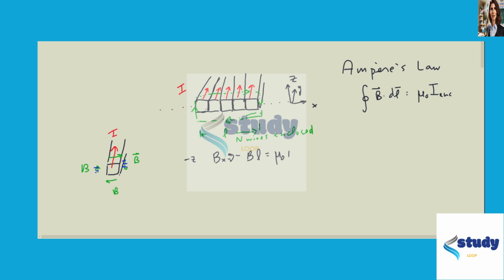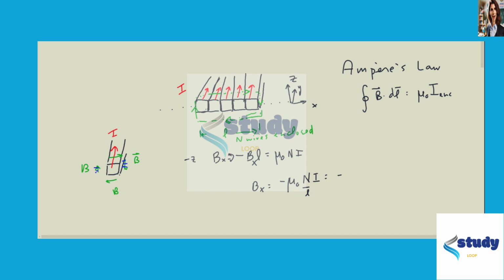So the enclosed current is n times I. Okay, and it's negative because we're pointing to the negative x. And so we should put a little x subscript on our magnetic field to indicate that. So finally, our B_x is minus mu naught n I over L.